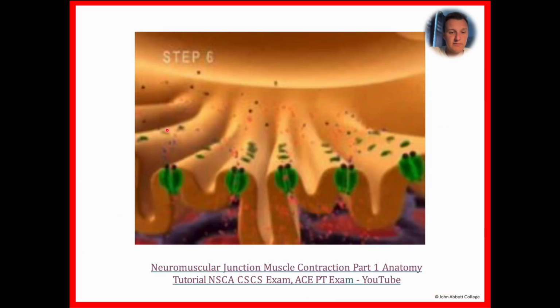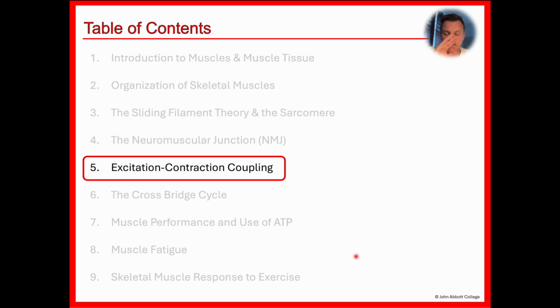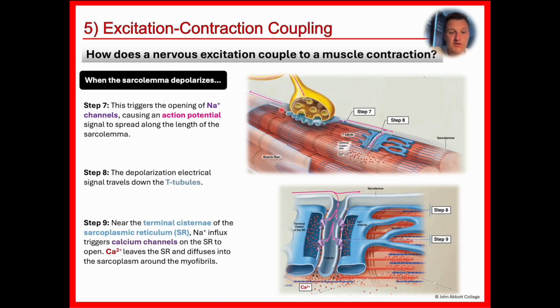So I talked about up until step 6 here, where I told you that there would be sodium that enters into the sarcoplasm, right, onto this side. So now we're going to continue our story. When the sarcolemma depolarizes, when this area where the sodium came in depolarizes, this causes an action potential signal to spread along the length of the sarcolemma.